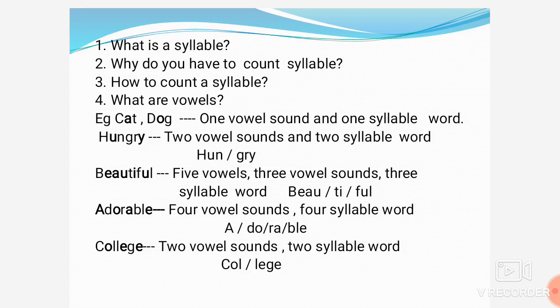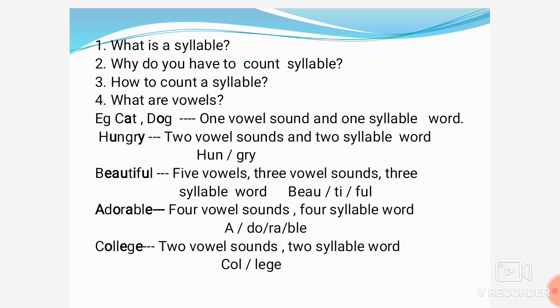Here in the word cat, there's only one vowel and one vowel sound. So, the word cat is a one syllable word. Same way, the word dog, it's got one vowel and one vowel sound. So, it is also a one syllable word.